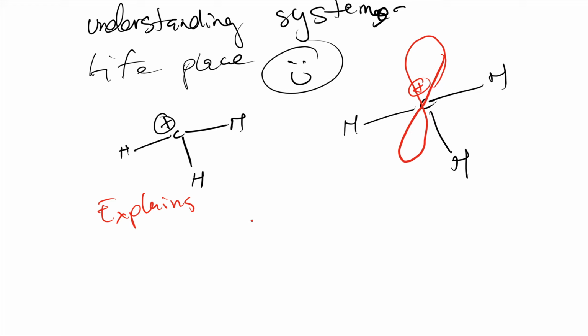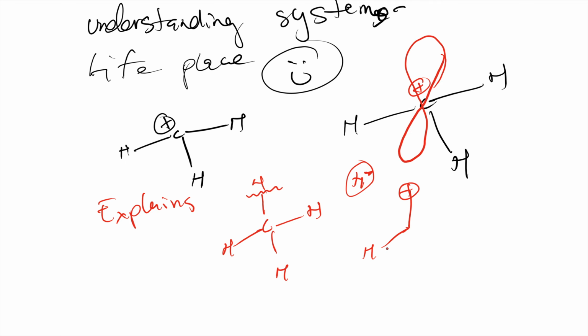So let's say we have some CH4, and let's say we cut it about here. If we cut it about there, it's going to have this negative hydrogen now, and then pretend this bond is now a broken bond, right?